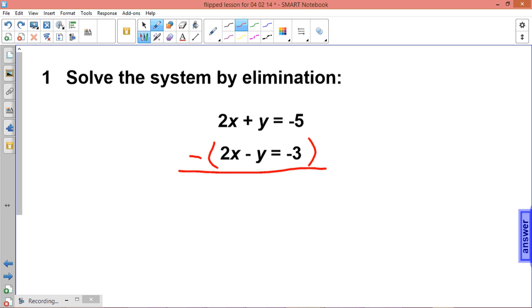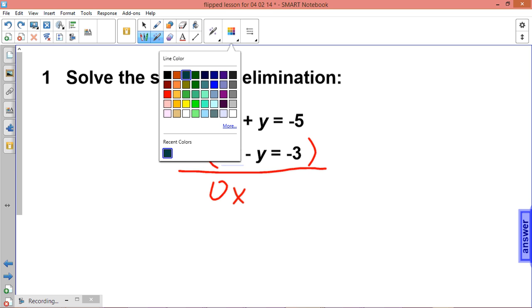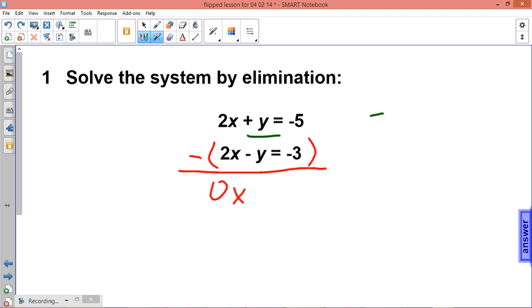All right? So what I do is I have 2x minus 2x, which gives me 0x. Then I do, let's change the color, how about green? Then I do y minus negative y. Minus a negative y means plus y. So what I'm really doing, you can think about it in your head, is adding y. Y plus y gives me plus 2y.